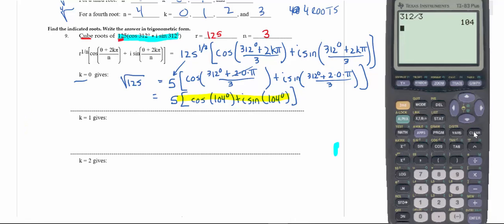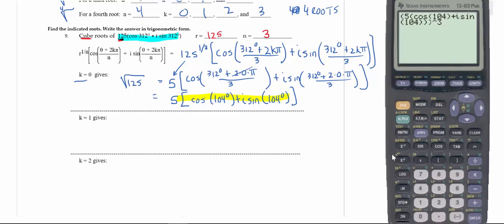Now let me show you this too, because if you did this on your TI, if you did 5 times the cosine of 104 degrees plus I times the sine of 104 degrees, like that, and if you raised that to the third power, I'm showing you how to check.